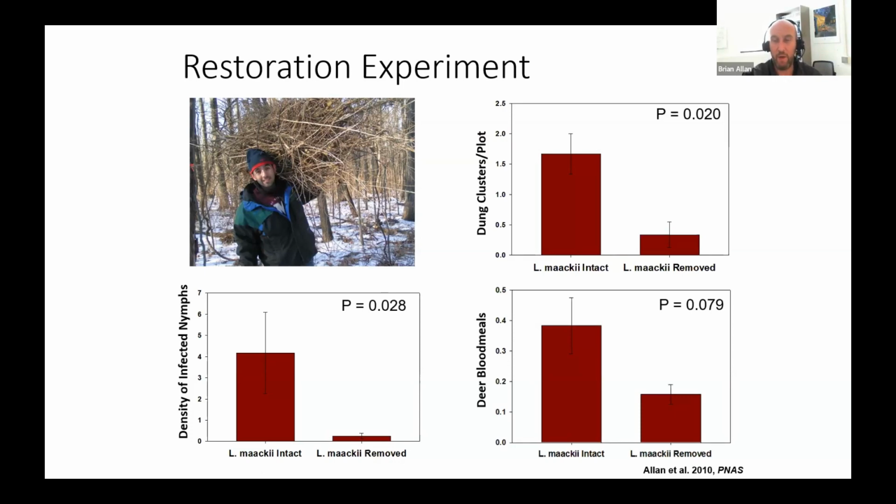And so analyzing the host DNA in these ticks, we found that in plots where honeysuckle had been removed, there was a trend towards those ticks having had fewer blood meals from deer compared to plots where honeysuckle was intact. Not quite statistically significant due to a small sample size, but I think the trend is supportive of the idea that the reason that we're seeing these responses of ticks to honeysuckle is because of how deer were responding to honeysuckle.